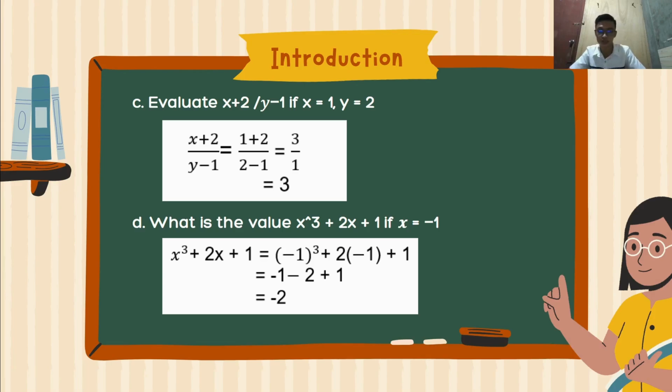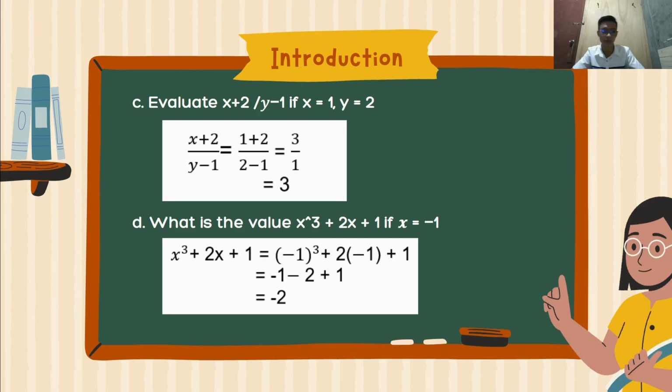So here's the process of the solution. Negative 1 raised to 3 is negative 1, minus 2 times negative 1, it will be equal to negative 2, and copy the plus 1. So that is the process of solution. Now, negative 1 minus 2, all right? We are going to add first by the rule of PEMDAS.